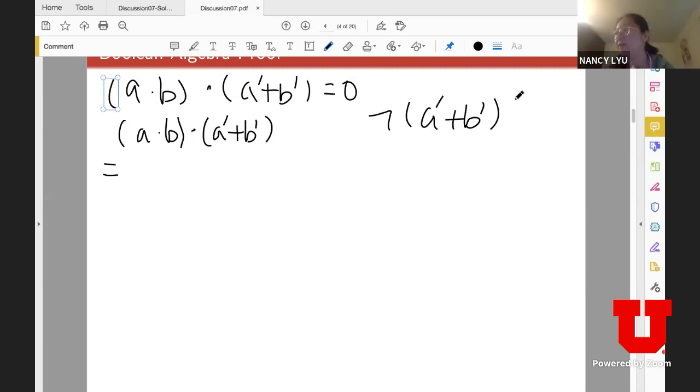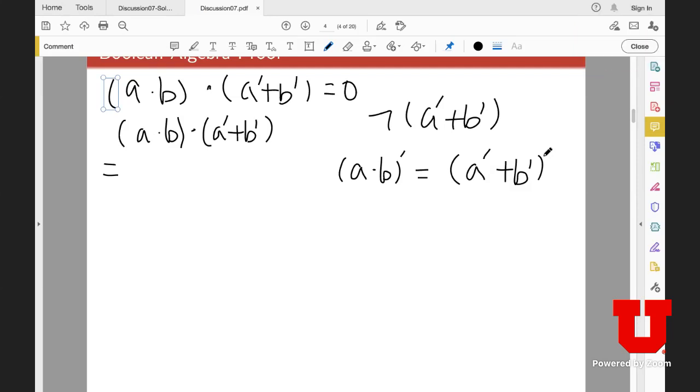If you just do negation of this, you won't get A dot B. In De Morgan's laws, we have A dot B complement is equal to... That's right, I think you are right.